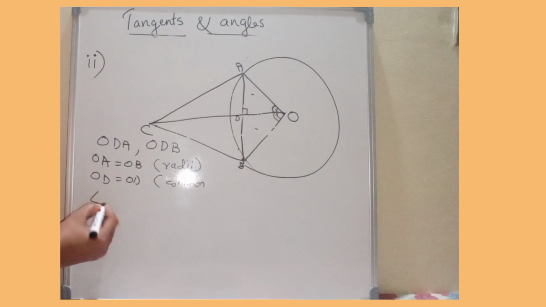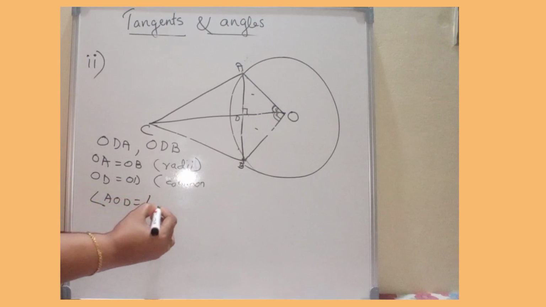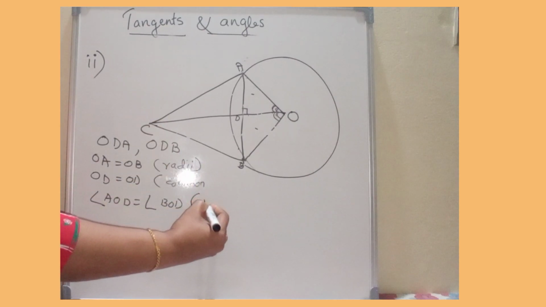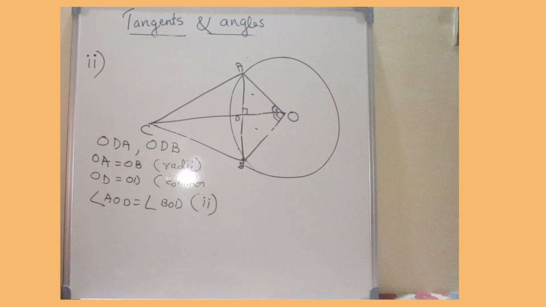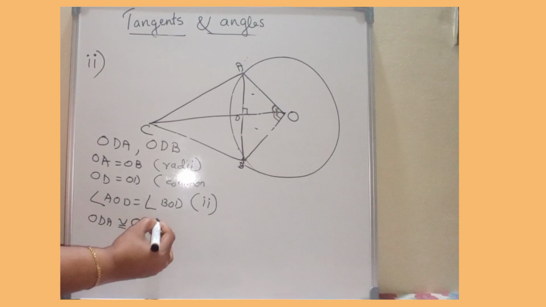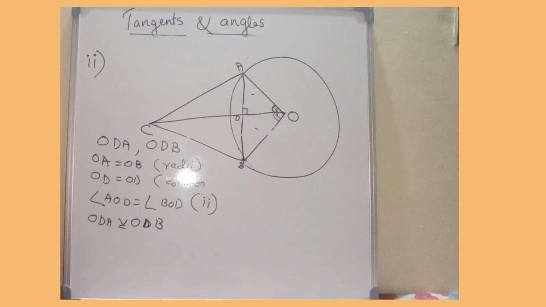Okay, so one more step, angle AOD is equal to angle BOD from the second part of this question. So these two triangles, ODA and triangle ODB, are congruent. And we know that in equal triangles, the sides opposite to equal angles are equal.